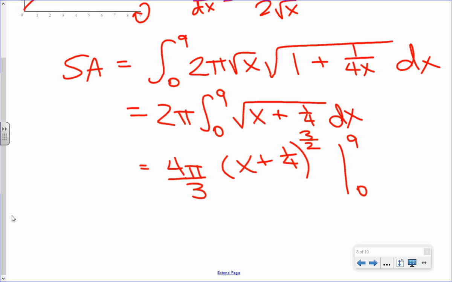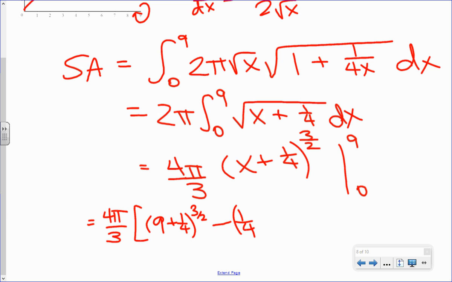So what we have is 4 pi thirds times 9 plus 1/4 to the 3/2 power minus 1/4 to the 3/2 power. On a non-calculator exam, you would leave it like that. If you had your calculator, it could figure that out for you.